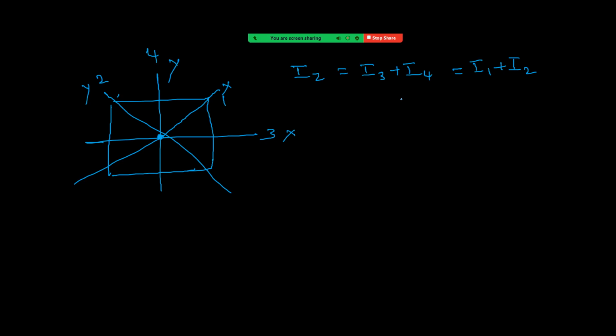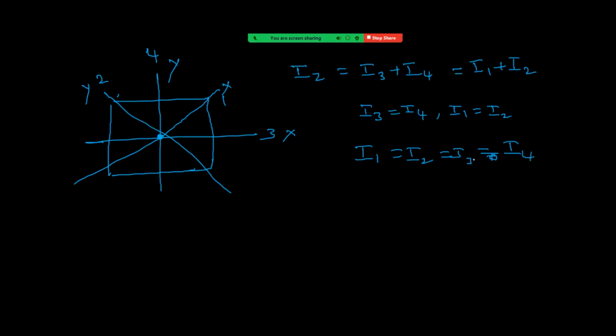And here one more thing is I3 equal to I4, right? At the same time, I1 equal to I2, right? Sum of these two equal to Iz. Its meaning is I1 equal to I2 equal to I3 equal to I4.